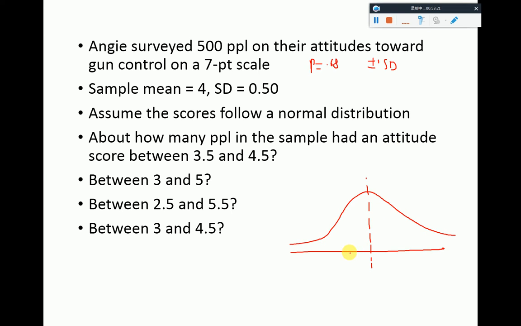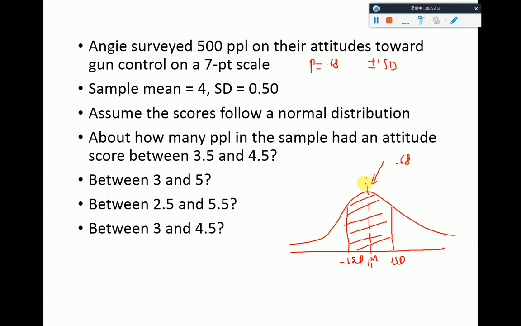So here's the mean, and minus 1 standard deviation, and so the total area of the shaded part here is 0.68. That's the empirical rule, right? About 0.68 is the probability to observe any value that's within 1 standard deviation around the mean.